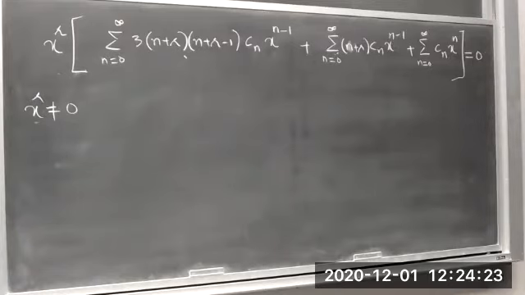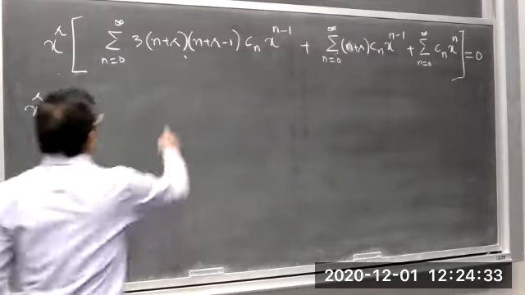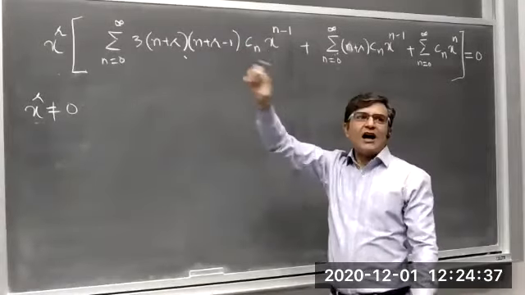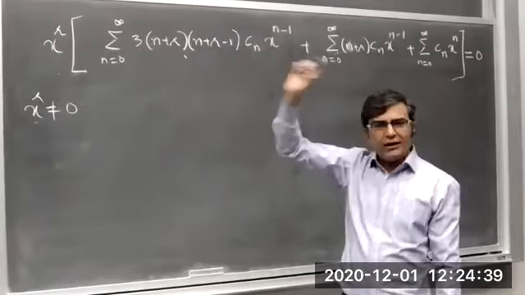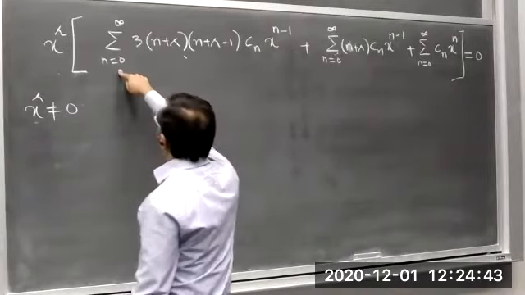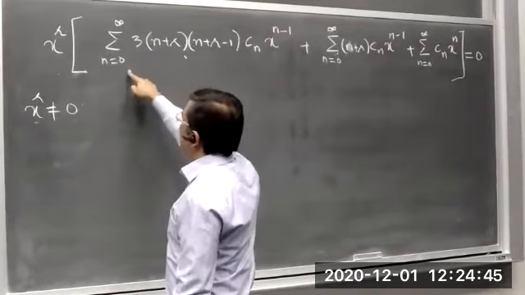For that, we open up the first terms of these two series so that the series starts from x power 0 in all series. So we open up the first term here for n equal to 0.